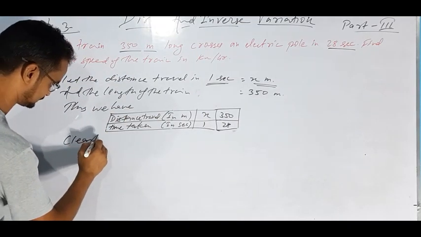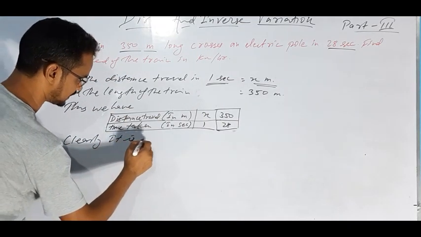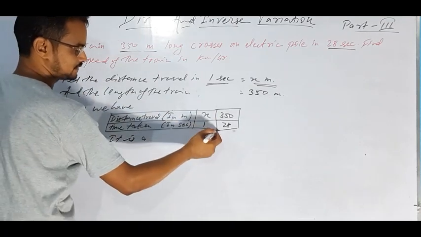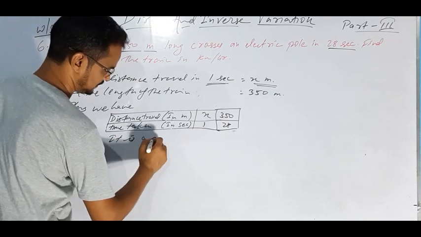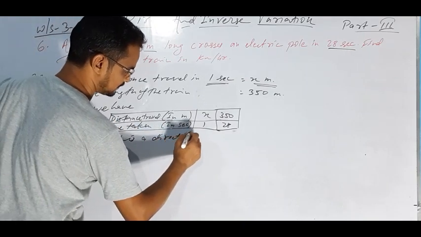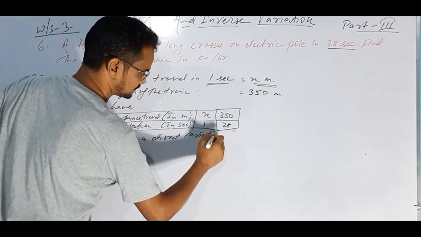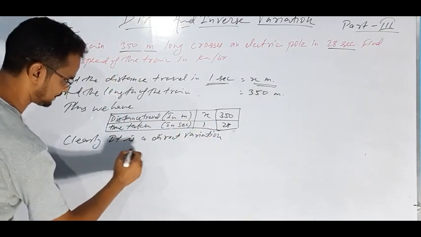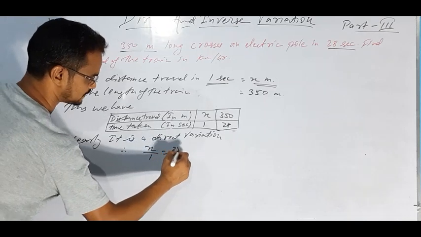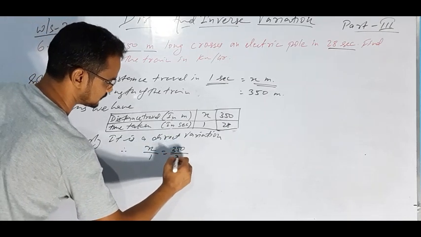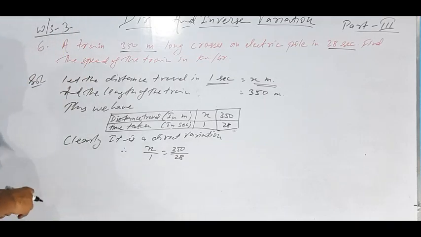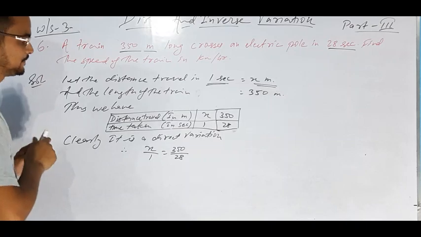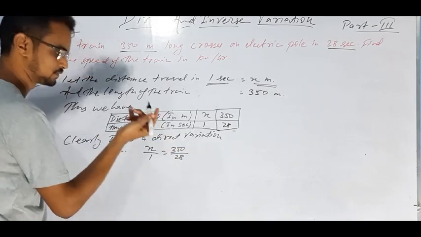Clearly, it is a direct variation because the speed is constant. Therefore, x by 1 is equal to 350 by 28. Solve it according to your need.